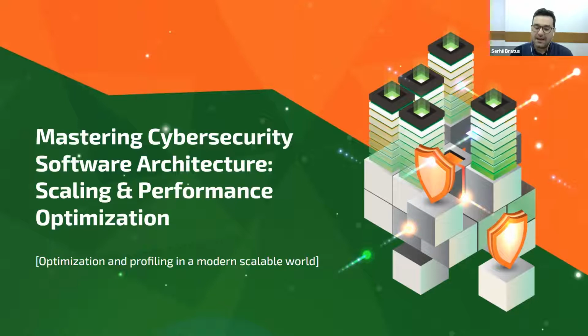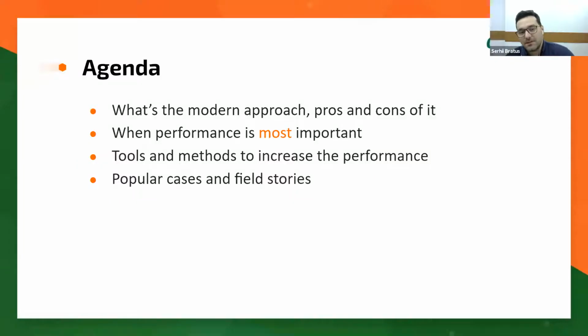So let's dive into the topic. Today we are going to talk about cybersecurity software architecture, its caveats and its ways to build things. Let me share the agenda with you. We'll take a look at the modern approach and the classical approach, check the pros and cons, and discuss where those are applicable and in which situation.